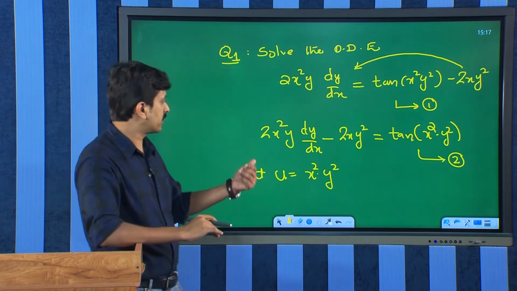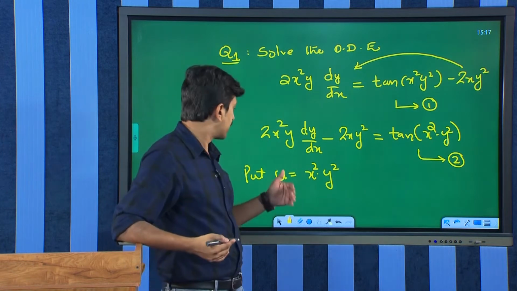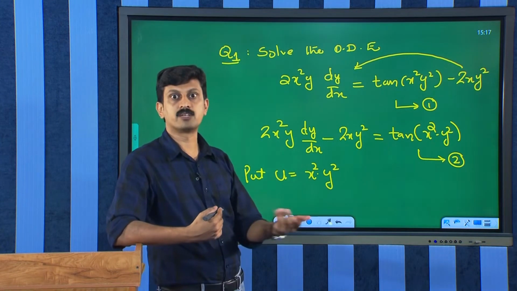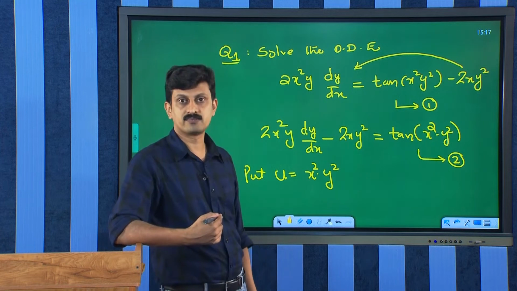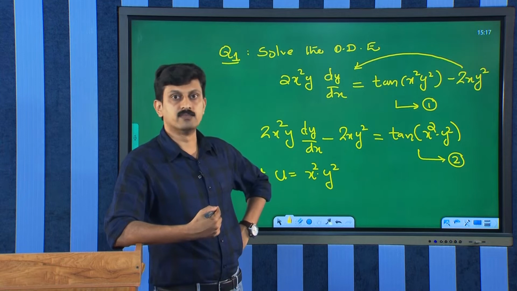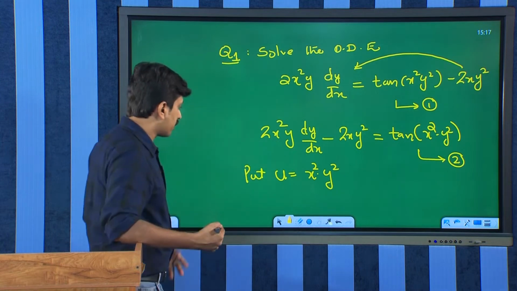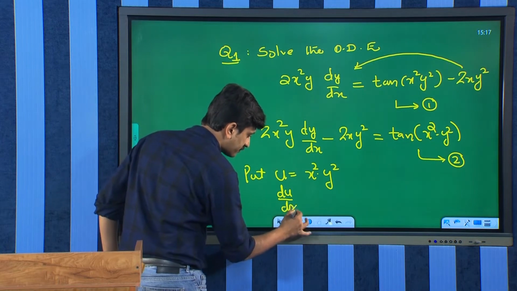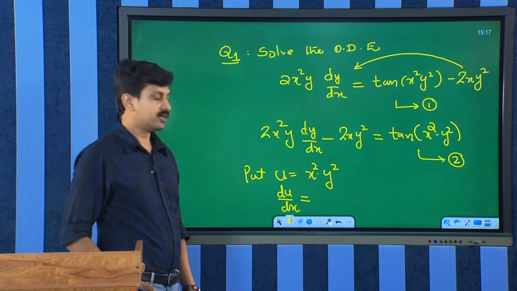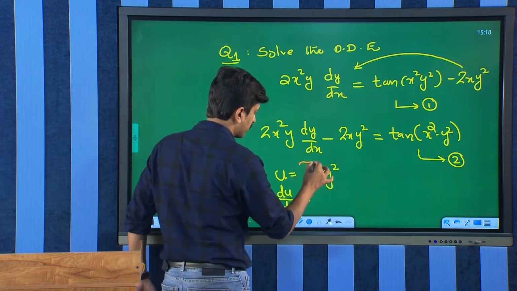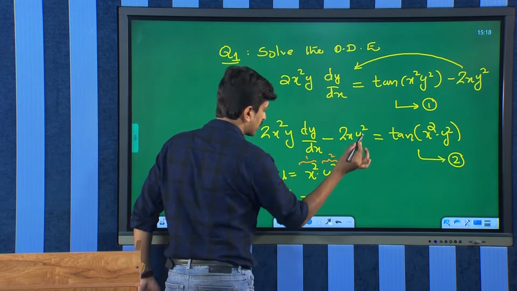We can check by giving this substitution whether we are able to convert this differential equation into variable separable form. So, we differentiate: du by dx. The first function is x square and the second function is y square.